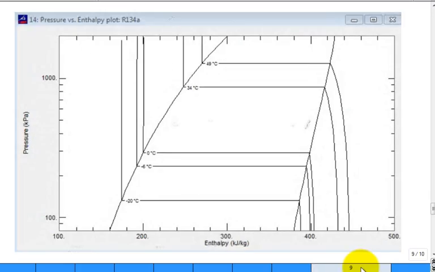Okay, how about a pressure enthalpy diagram? This one I want you to do. I want you to look at it and say, well, we had a temperature of 34 degrees C. That was what's coming out of the condenser. We had a temperature of 49 degrees C. That was what came out of the compressor, so it was slightly superheated. Here is a temperature of 0 degrees C. That's the first evaporator. The temperature of negative 20, that's the second evaporator.